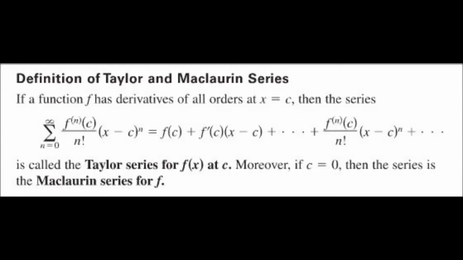So now, Jimmy, we'll use the definition of a Taylor series centered around point c to determine the series formula for sine of x. Notice, however, we'll be using a special case of the Taylor series called Maclaurin series, centered around c equals 0.